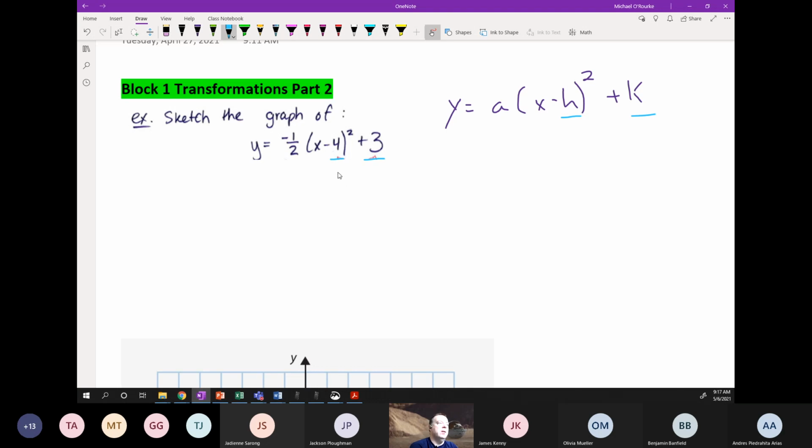So the vertex of the parent formula is always 0, 0. So the h and k is what moves my vertex around. Now let's start with the h, because the h is the x value, and the k is going to be the y value. For my x value, what happens to it?